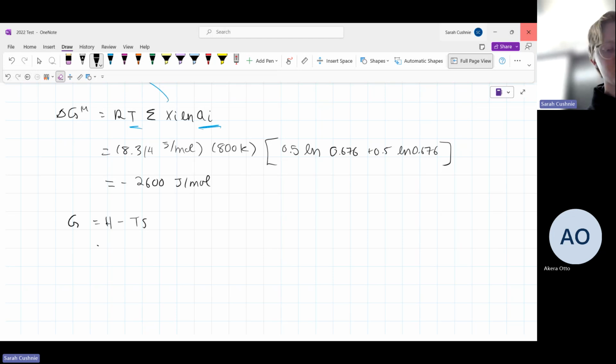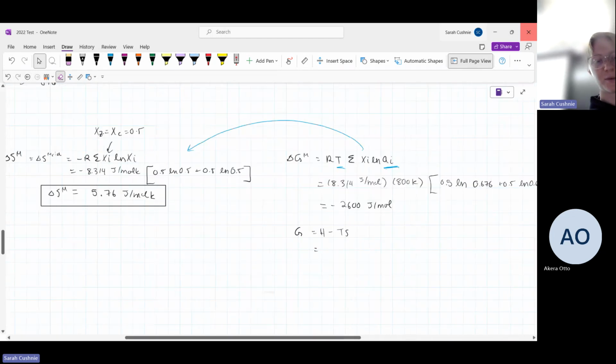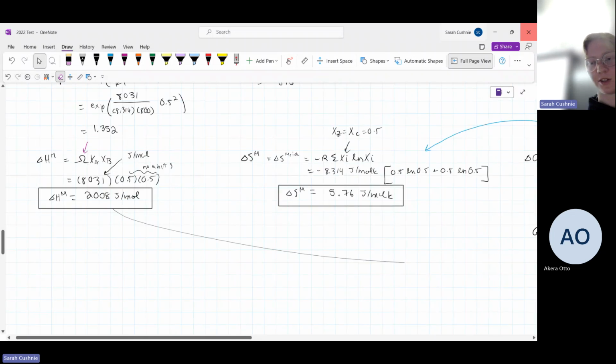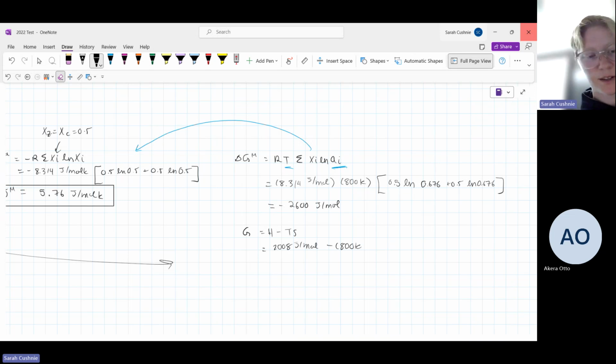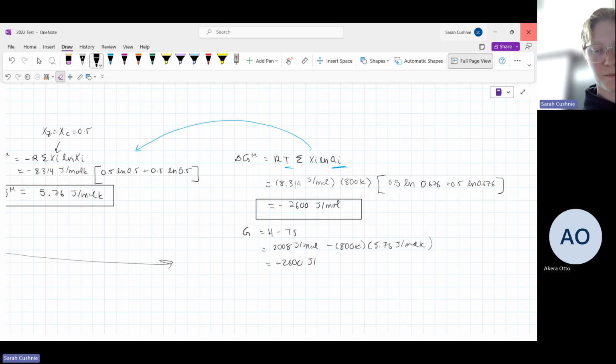But basically, we're going to take our values that we solved for, so that's 2008 minus 800 Kelvin times 5.76 joules per mole K, and you're going to end up with basically the exact same value, negative 2600 joules per mole. So either one of those methods is completely valid and will get you the right answer.